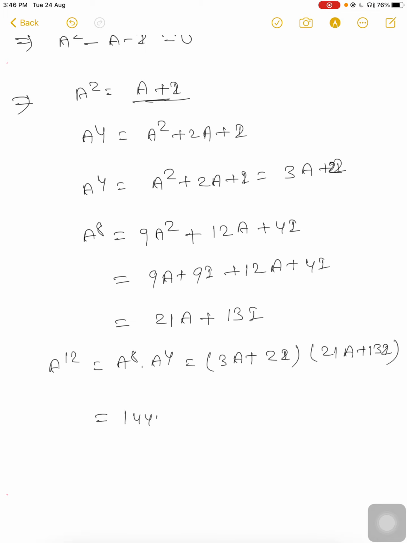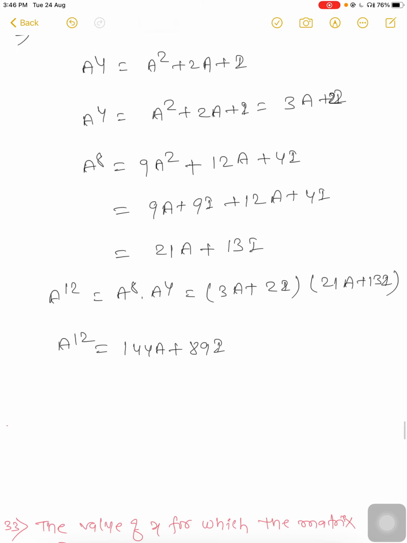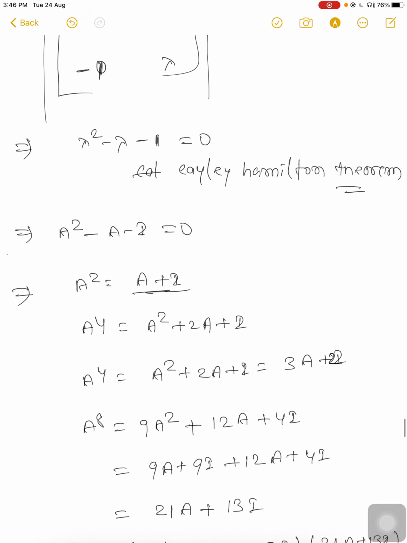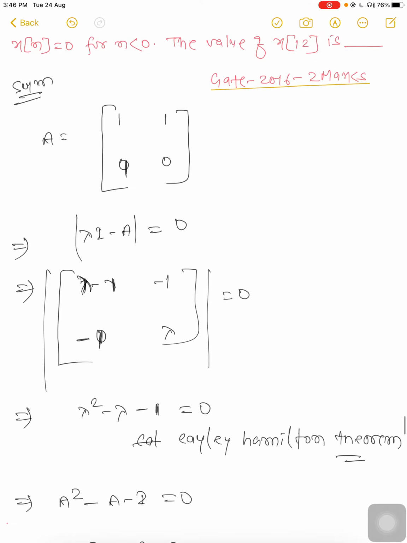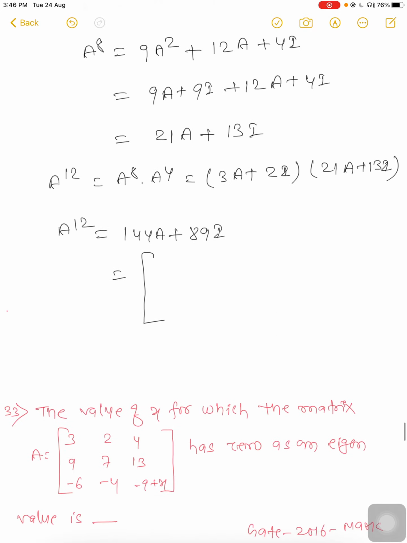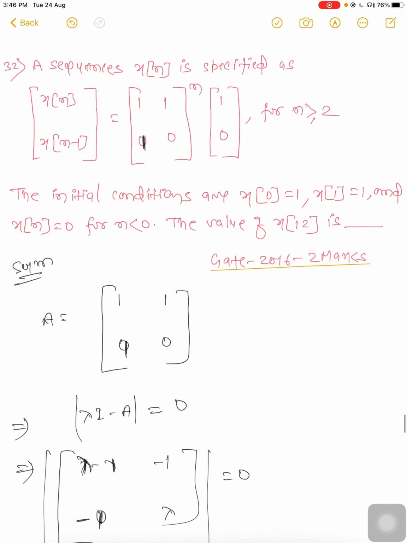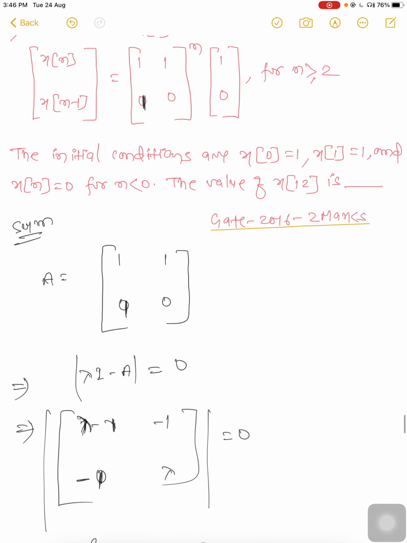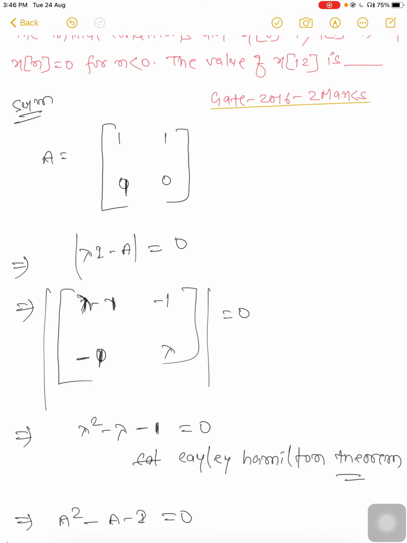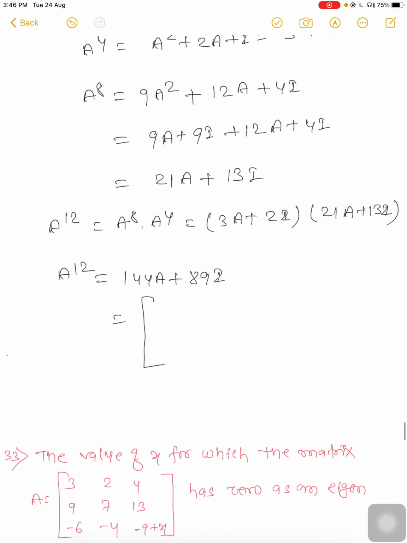Multiply it and solve it. Then after solution you will get 144A plus 89I. Adding, you will get 144 and 89.